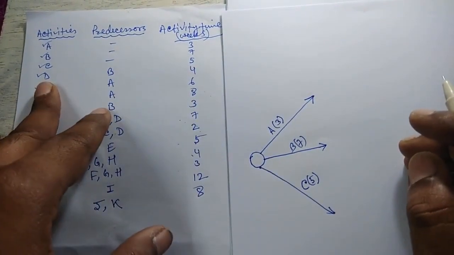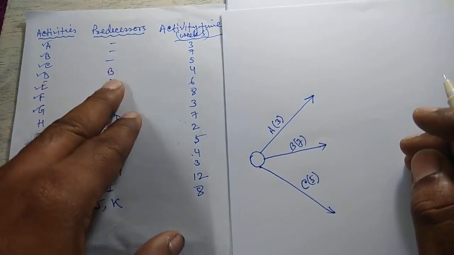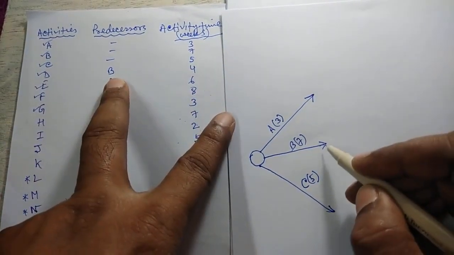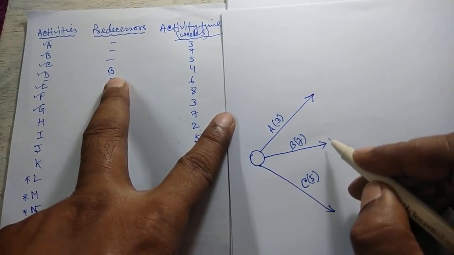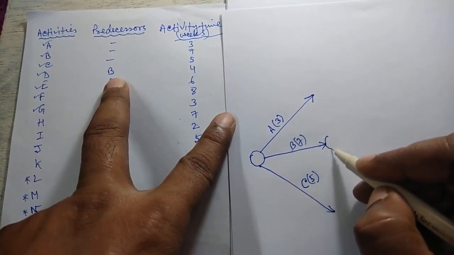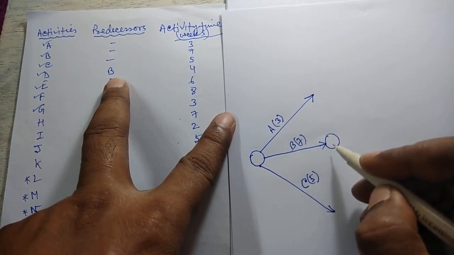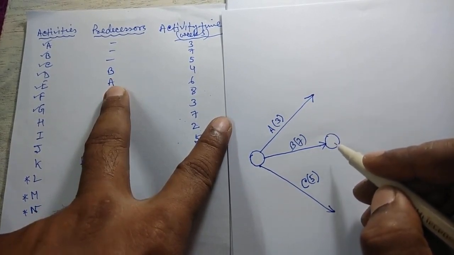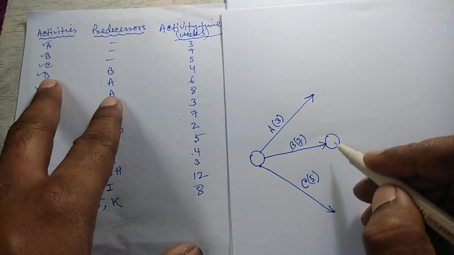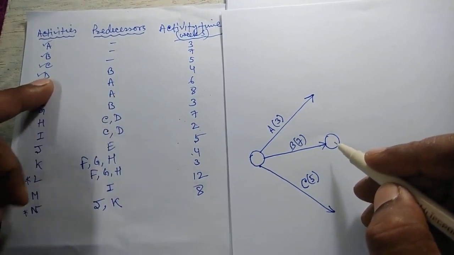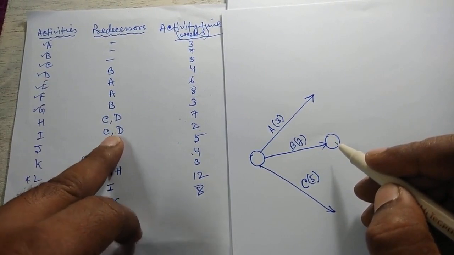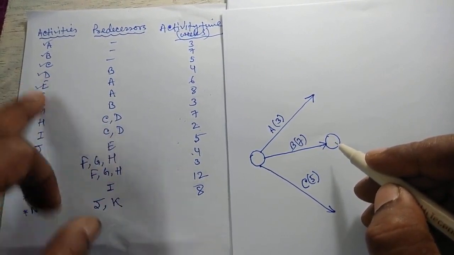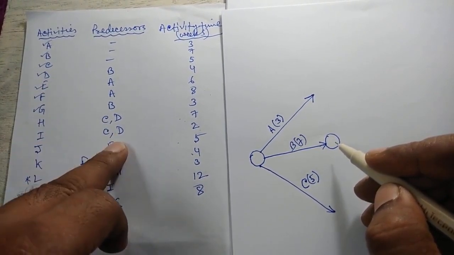Now activity D. For activity D, B is the predecessor. So where activity B ends, from this node, activity D will start. But we have to see for which activities D is the predecessor.